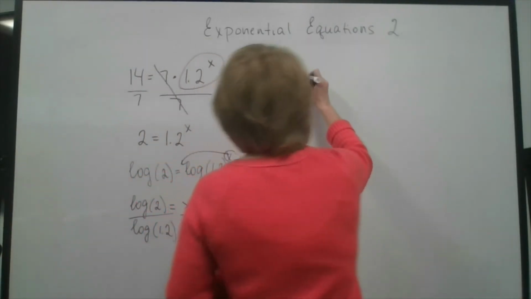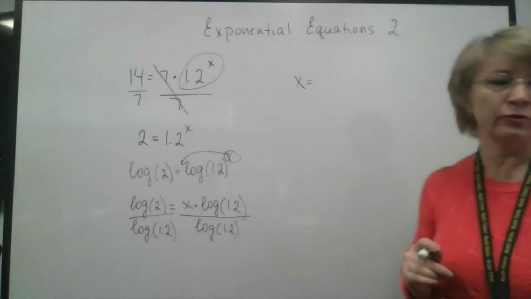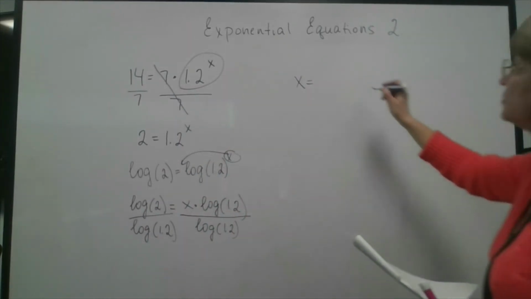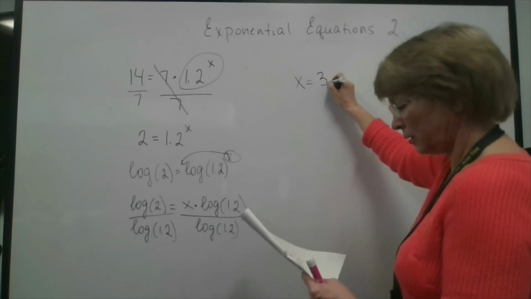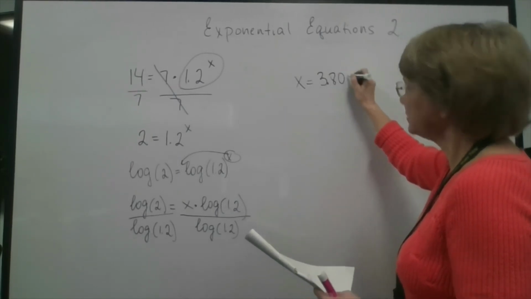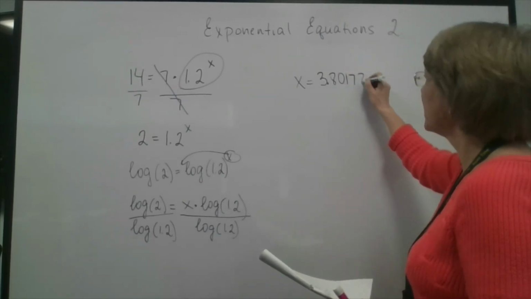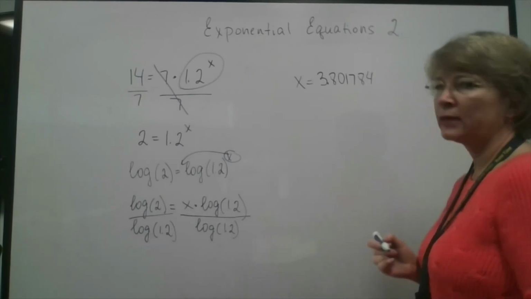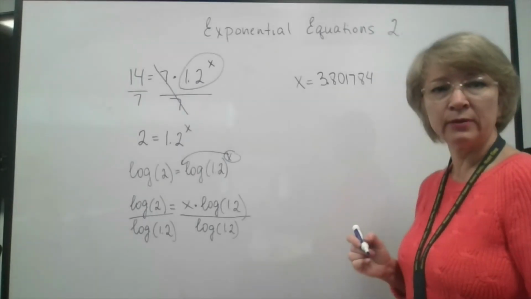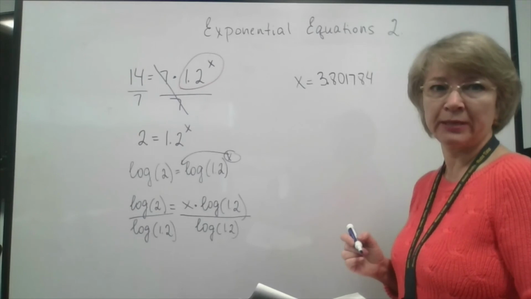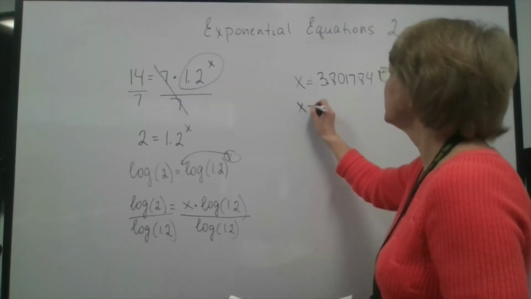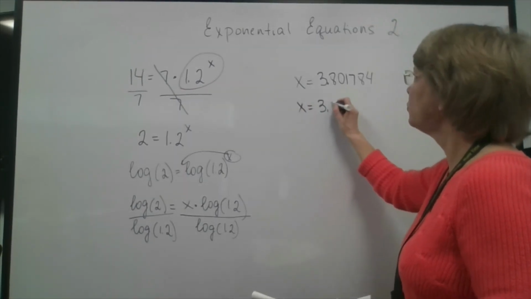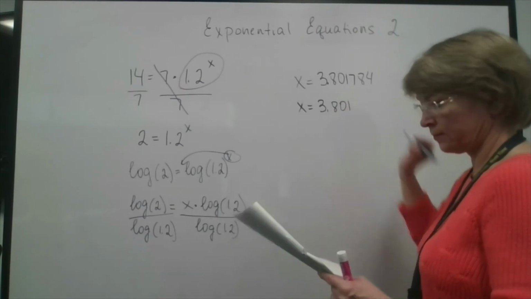We will type everything nicely on the calculator, and our answer will be 3.801784. And again, we will round our answer to 3 decimal places. So it will be x equal to 3.801.